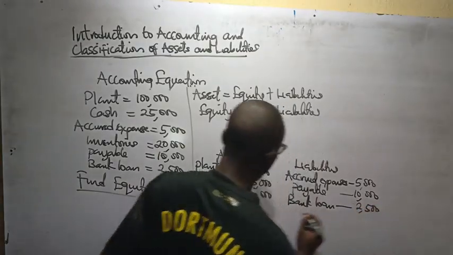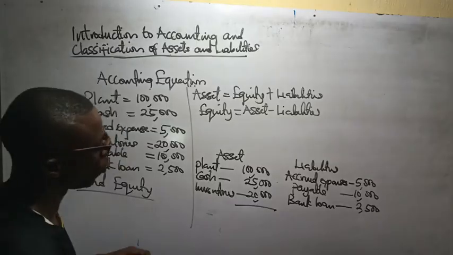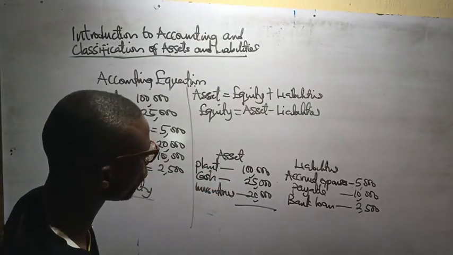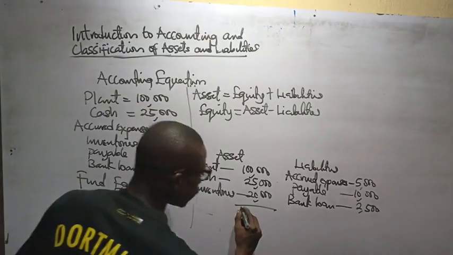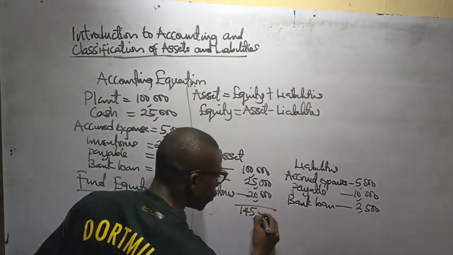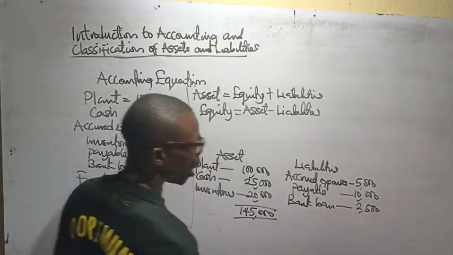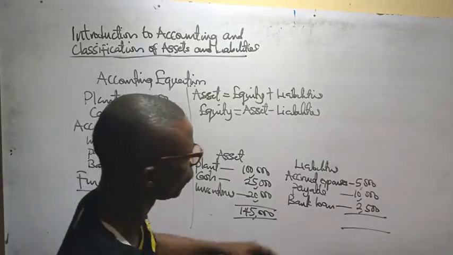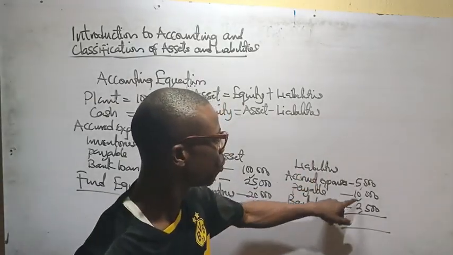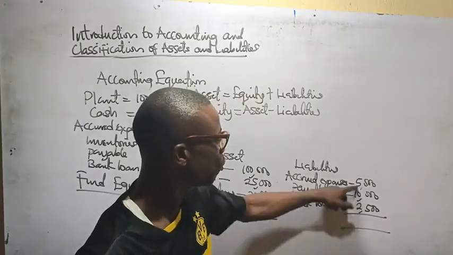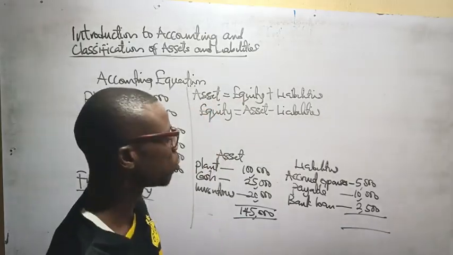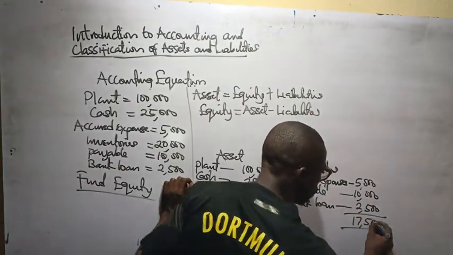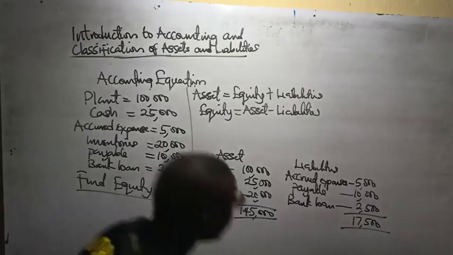So let's add it together now. We have 100,000 plus 25,000, that's 125,000, plus 20,000, that's 145,000. Now that's the total assets. For liability we have 5,000 plus 10,000, that's 15,000. 15,000 plus 2,005, that's 17,500. So we can now solve using this accounting equation.